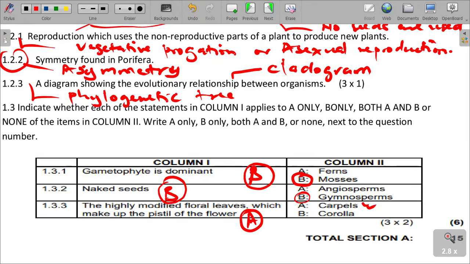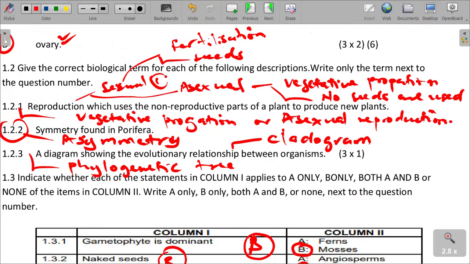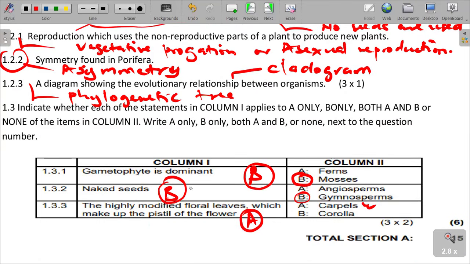Section A, 15 marks, it is possible to collect all of them. There is nothing complicated here. It's a matter of just understanding what the question wants before you start answering.